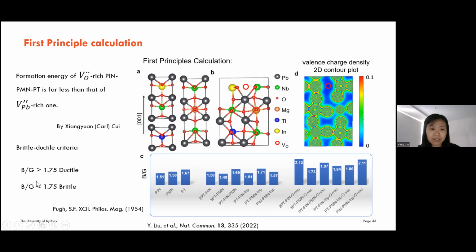And according to the brittle-ductile criterion of the material, that is the B/G ratio, we calculated the B/G ratio of PIN-PMN-PT and also of oxygen-vacancy-rich PIN-PMN-PT. We did find that the oxygen-vacancy-rich PIN-PMN-PT has a higher B/G ratio, and a higher B/G ratio means it should be more ductile.